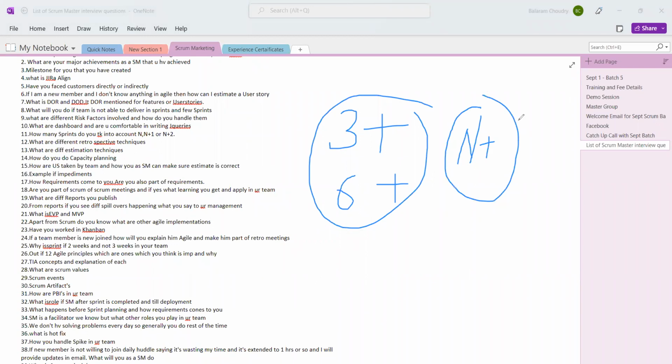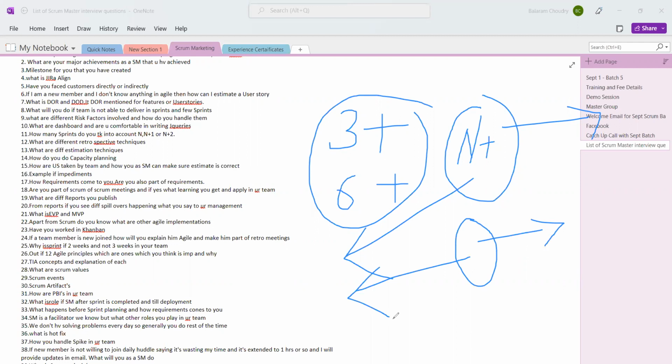Either you can go forward giving the estimation or go backward looking at the reports: the current sprint plus how many sprints forward, and how many sprints back. Understood? So N represents the current sprint. Understood, Naresh? Yeah, Balram. Right.